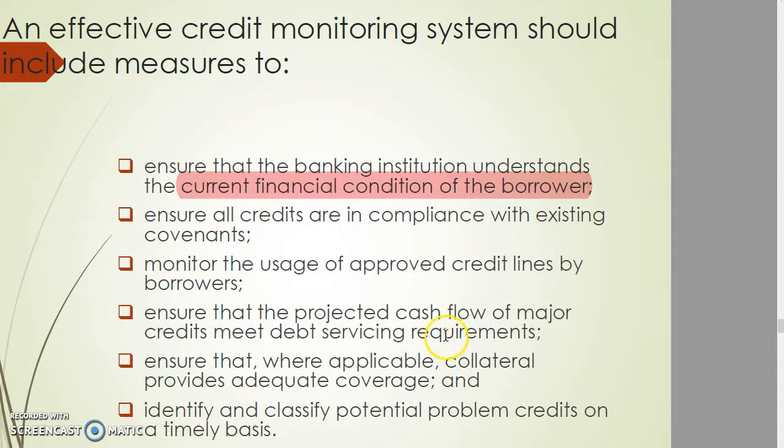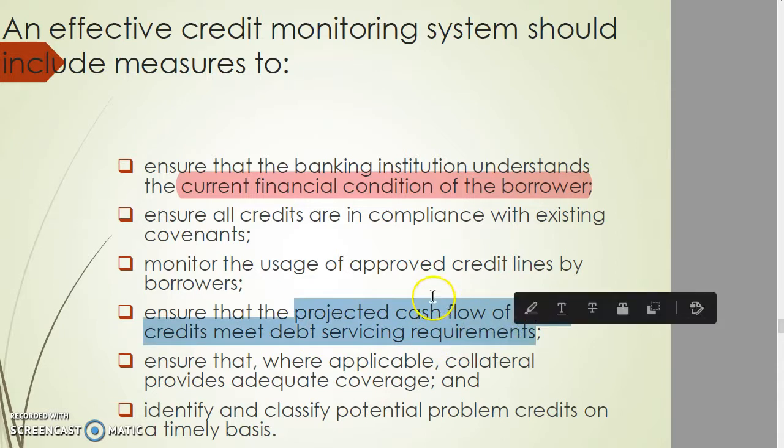Meaning, if you want to submit for any loan for your company, you must ensure that your projected cash flow is able to meet the loan requirement, so that you are able to pay your debt, your monthly loan repayment. That's why we will look in terms of the individual credit.